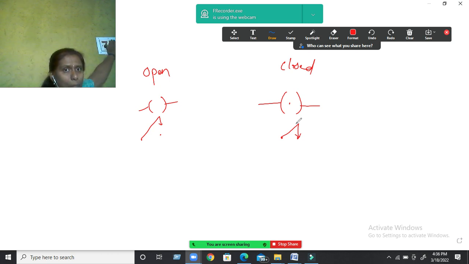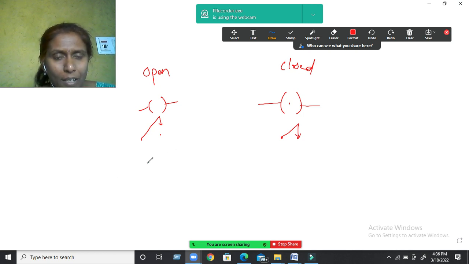This is an example of the switch being on and off. We have that at our homes. Next, we have another, the 2-pin switch. Here, in the case of the 2-pin switch, this will be its open end when it is not on. When we connect the switch, it is on.